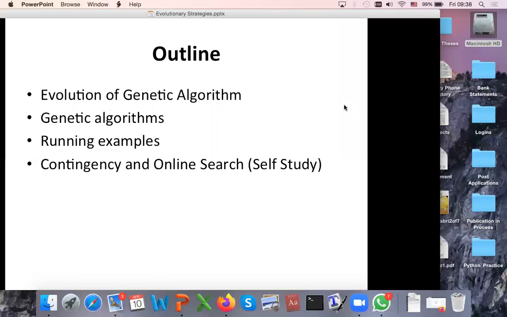Evolution means starting from the beginning to the concept of evolution. Then we will see some examples of genetic algorithm. Finally, there are two small topics: one is contingency, and the other is online search, which you have to study by yourself.